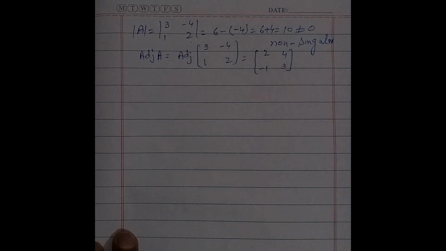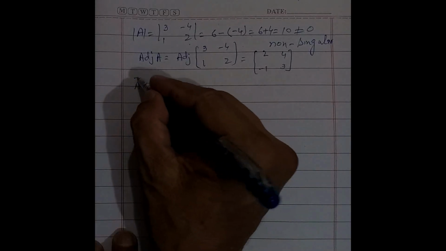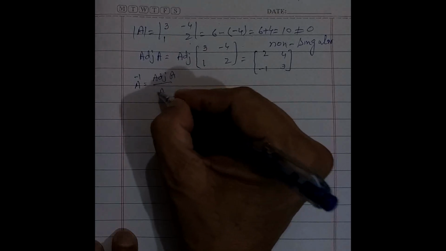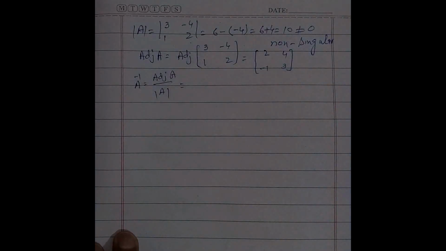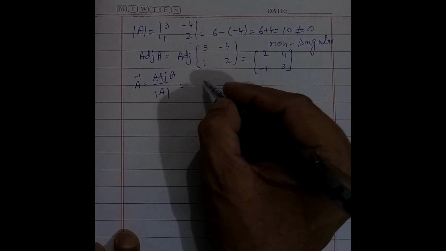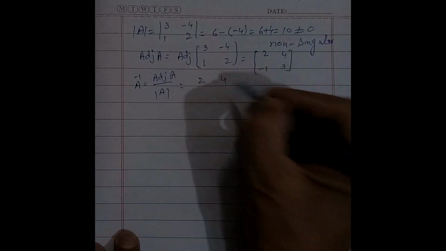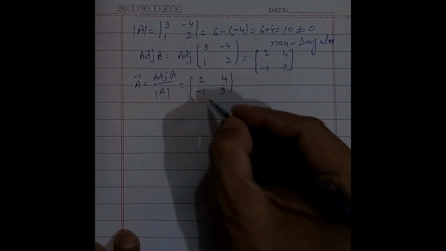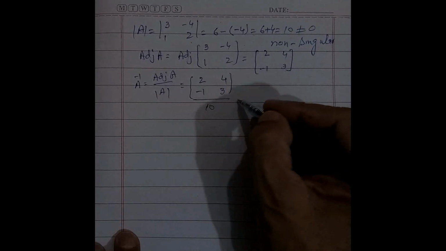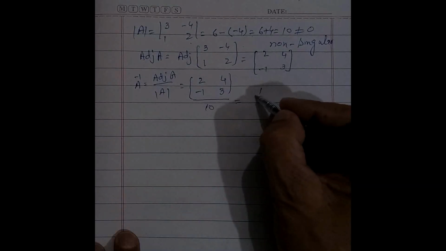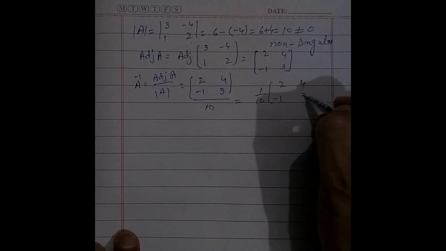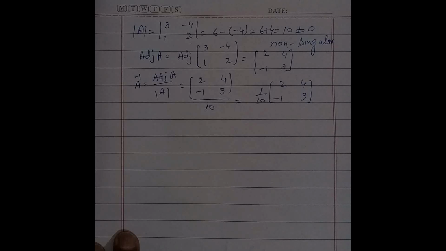This is the adjoint of A. And A inverse is equal to the adjoint of A over the determinant of A. Putting in the values, we have 2, 4, minus 1, 3 and the determinant of A is equal to 10, and we write it as 1 over 10 into 2, 4, minus 1 and 3. This is the A inverse.